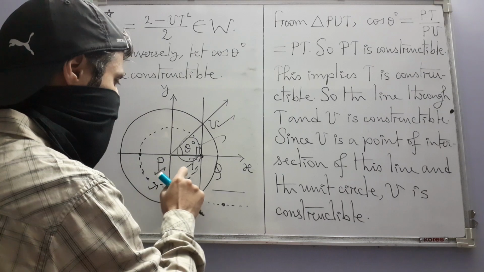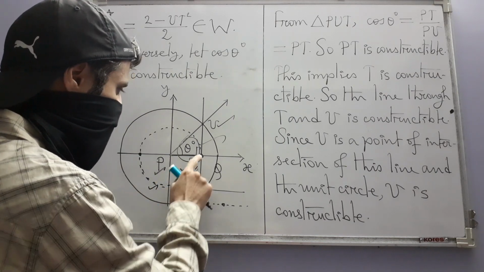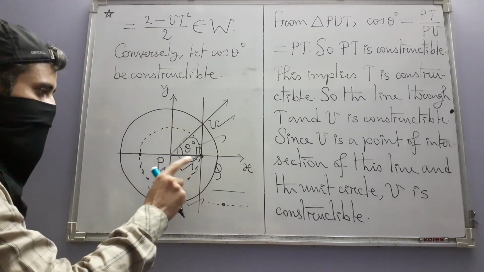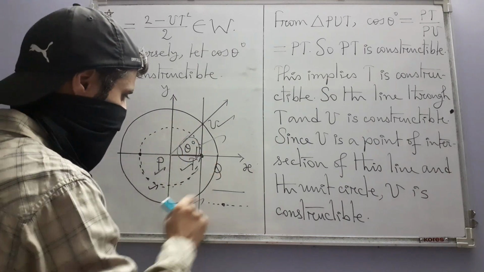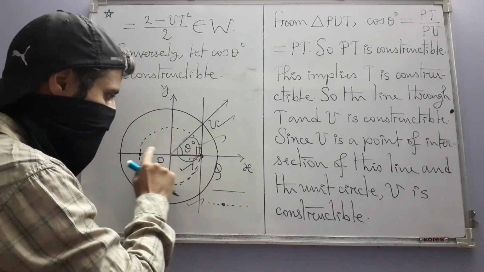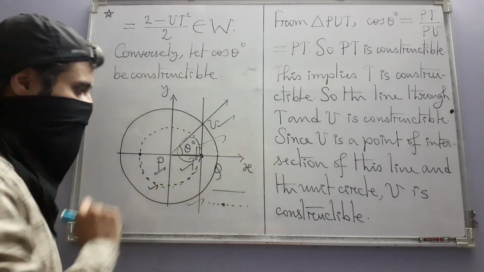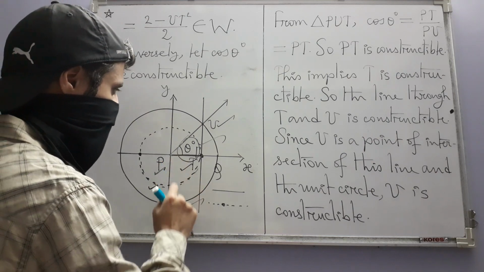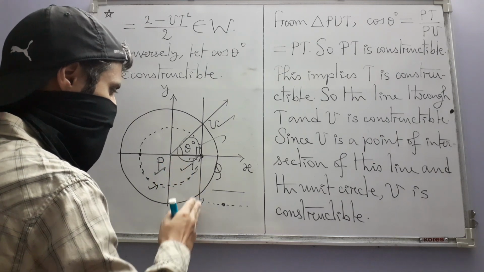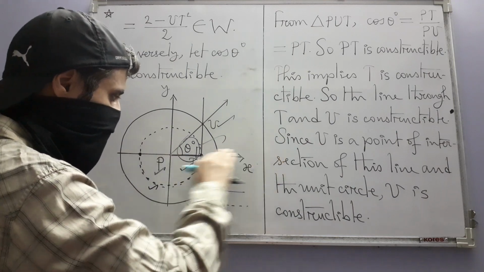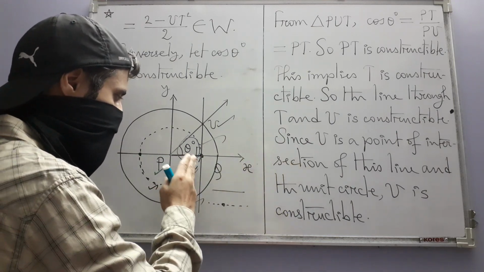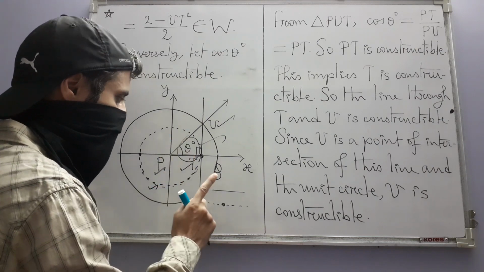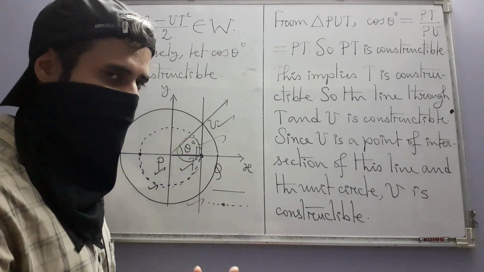So that's why T is constructible, because of this dotted circle being constructible and T being an intersection point of this constructible circle, the inner one, and the x-axis, which is also constructible. So T is constructible, and hence the line perpendicular to this constructible x-axis and passing through the constructible point T is also constructible by a result that we should know.